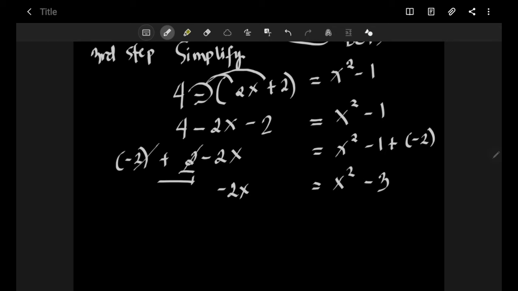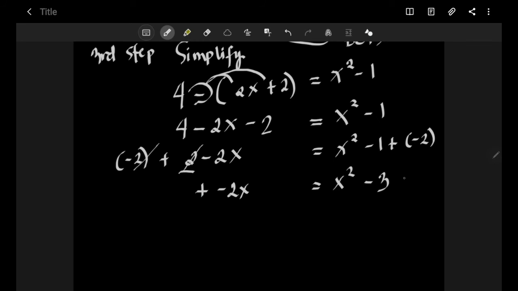So, kailangan 0 yung alinmang gilid ng equation. So, ibig sabihin, so, mas practical na maging 0 yung left side. Okay? So, para positive yung x squared natin dito sa right side ng equation. So, we have to eliminate negative 2x.